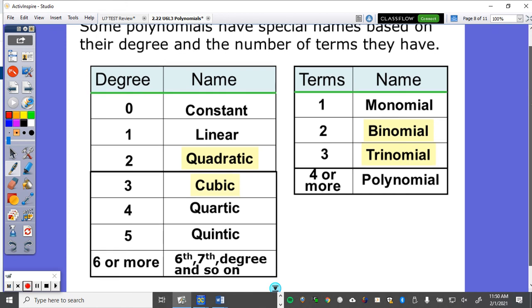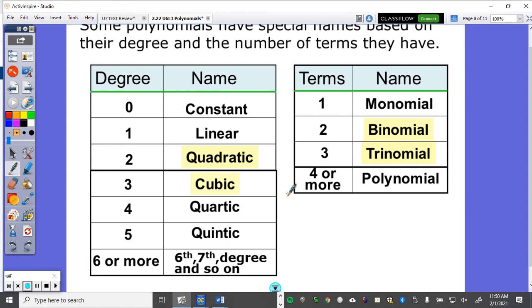You have to remember these, because once you put it in standard form, you're going to have to classify it according to its degree and the number of terms that it has. If the entire polynomial has a degree of 0, that's just a constant.